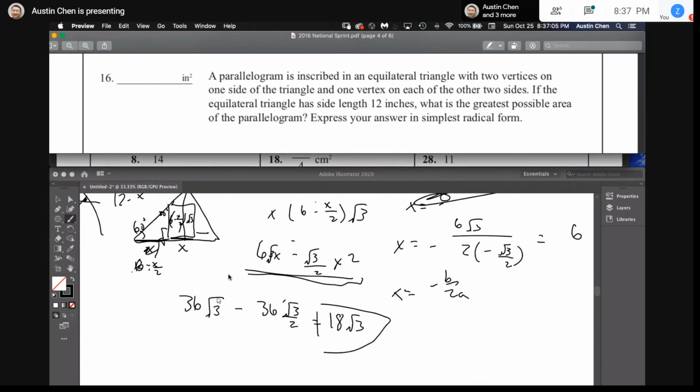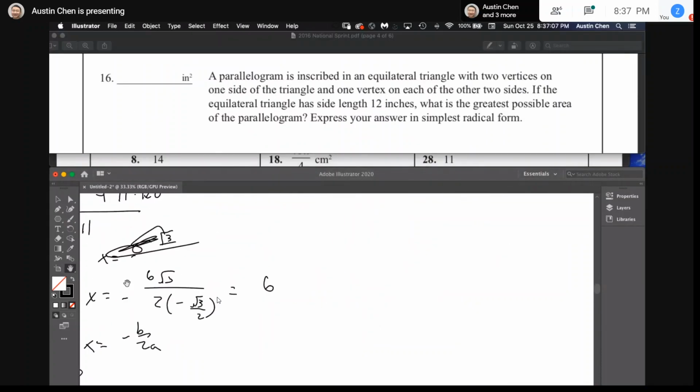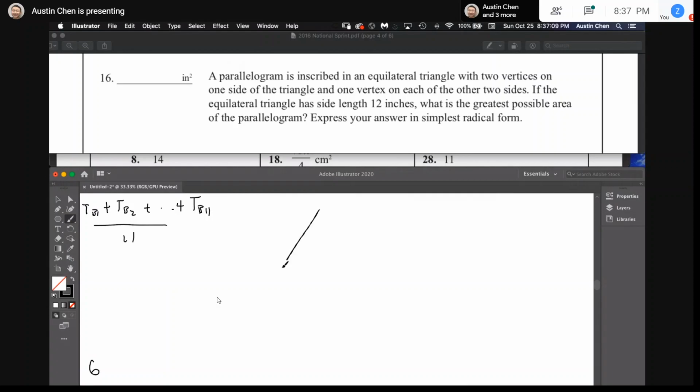Now I will show another way to do it. So we have the equilateral triangle here, and we have a rectangle in it. If we divide the triangle here, we can think of maximizing the rectangle as minimizing the areas of these two triangles.